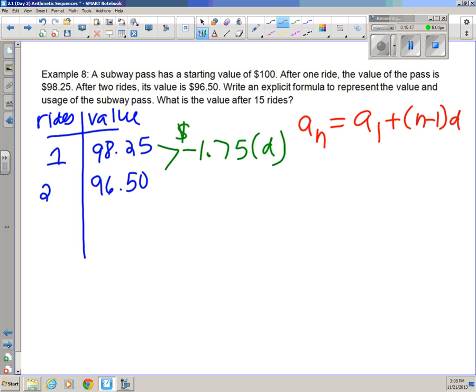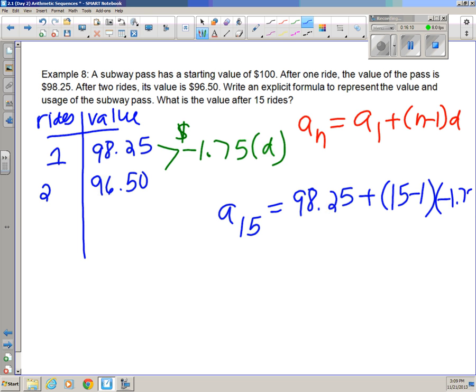And then we're good because we know that we're dealing with the value of the card after 15 rides. So a sub 15 equals a sub 1, $98.25, plus n minus 1, 15 rides minus one more, times the common difference, negative 1.75.